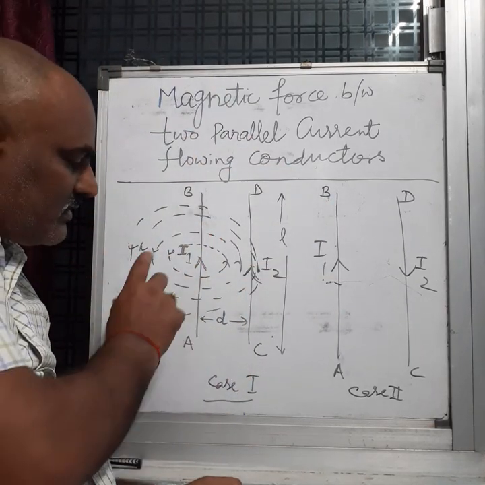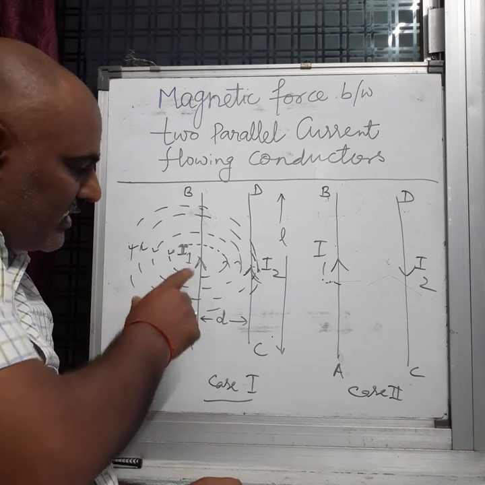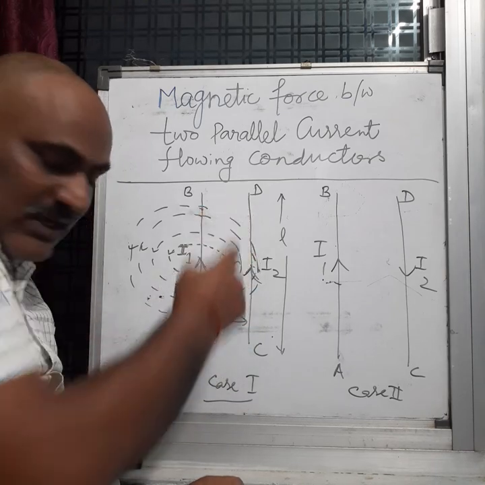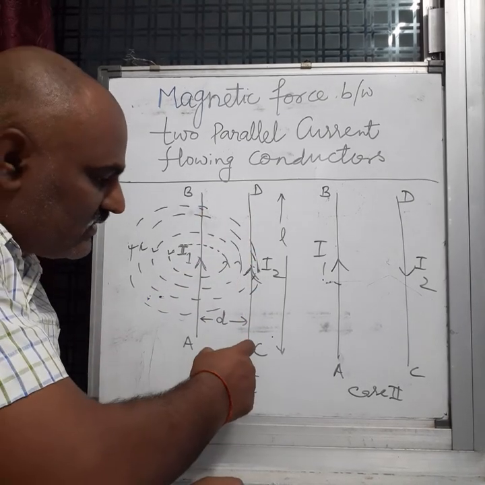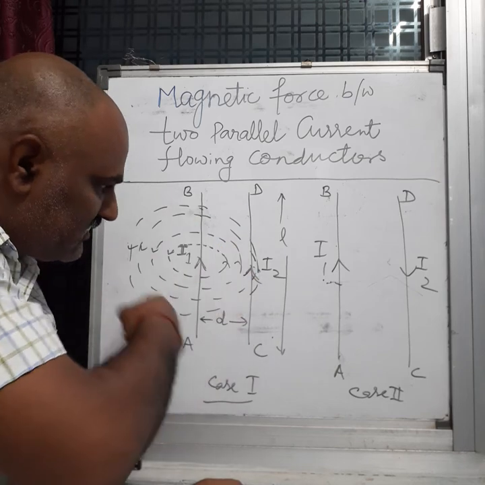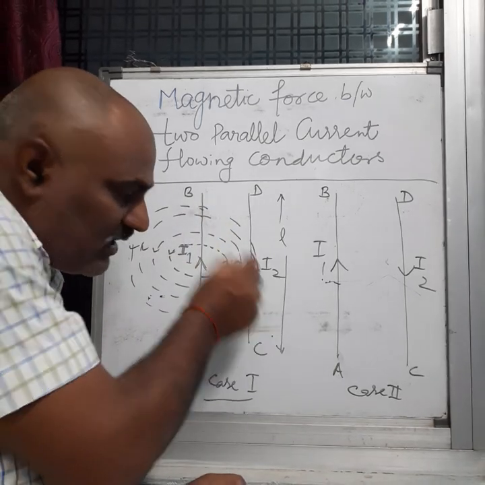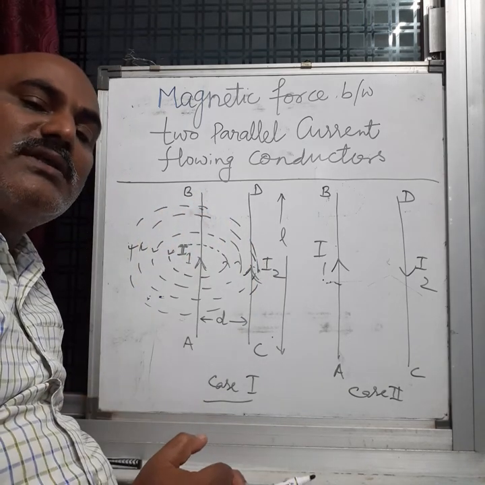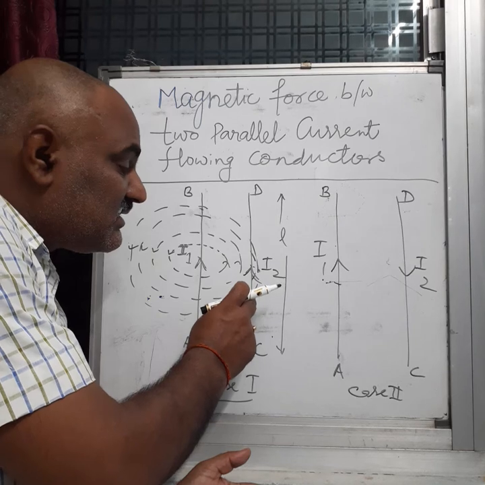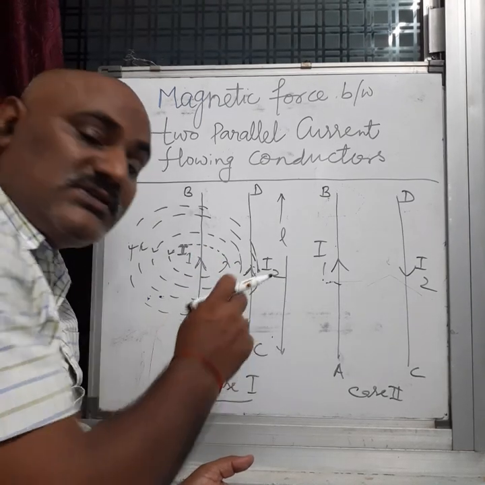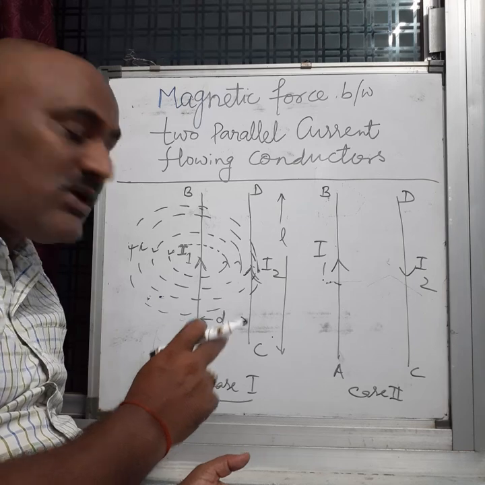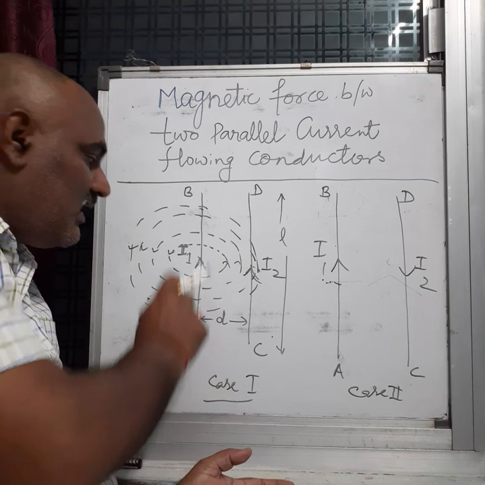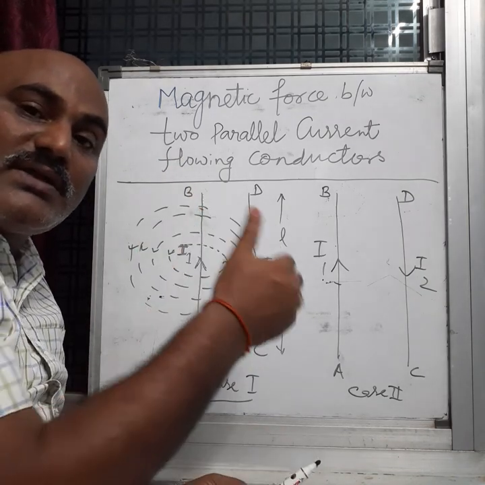And that's the beauty of the reasoning: in this magnetic field another wire CD is kept, which has current I2. When this current-carrying wire is kept in the magnetic field, it experiences a force. CD experiences a force. Why? Because CD is kept in the magnetic field of AB, and AB, carrying current I1, has a magnetic field.